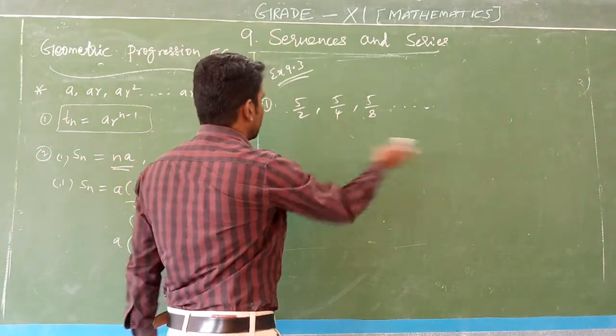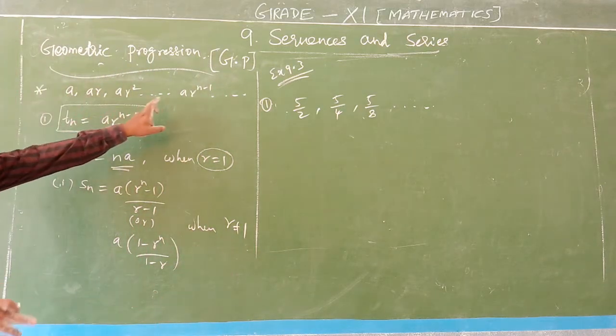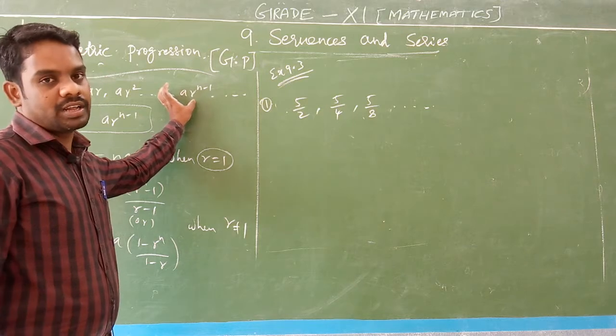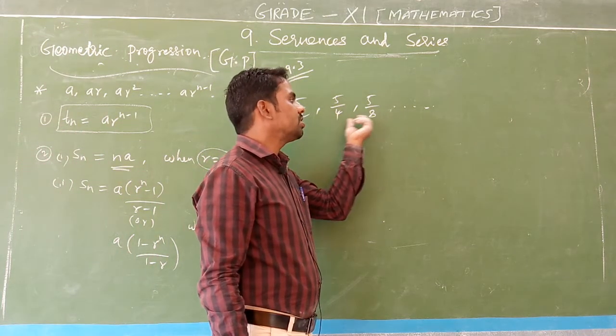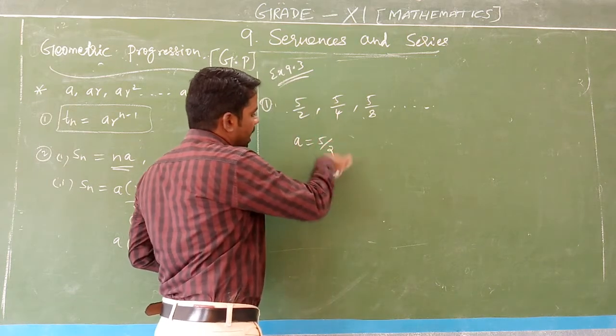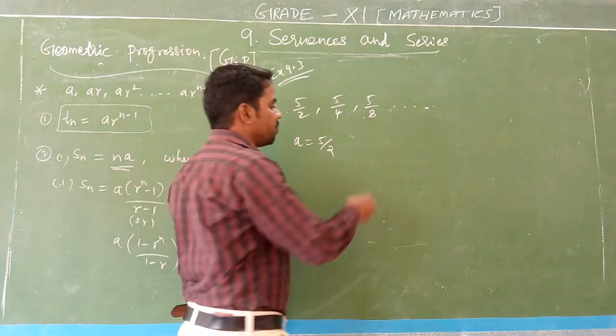You know, the general term is a, ar, ar square and so on, ar power n minus 1. The nth term is ar power n minus 1. Here, the first term is 5 by 2, second term 5 by 4, third term 5 by 8. So a equals 5 by 2, the first term of the given geometric progression.